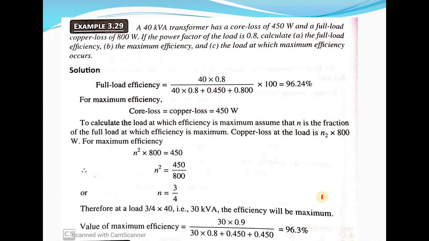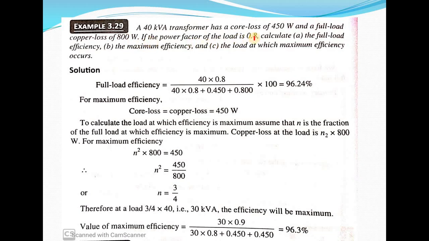Now let us take one example of how to solve a numerical problem based on efficiency, or simple efficiency or commercial efficiency. Suppose it is a 40 kVA transformer with a core loss of 450 watt and a full load copper loss PCUF of this much.